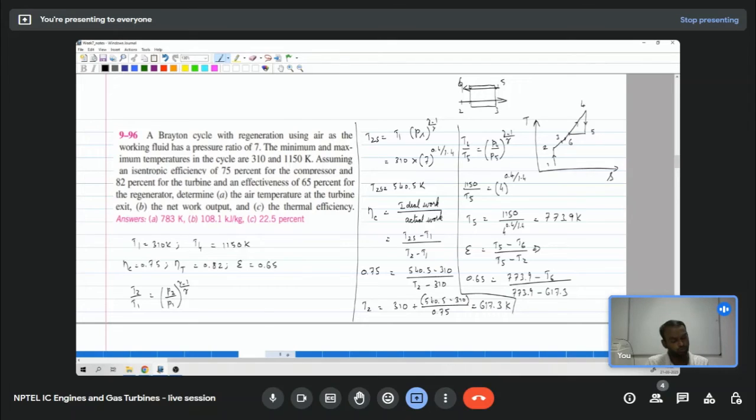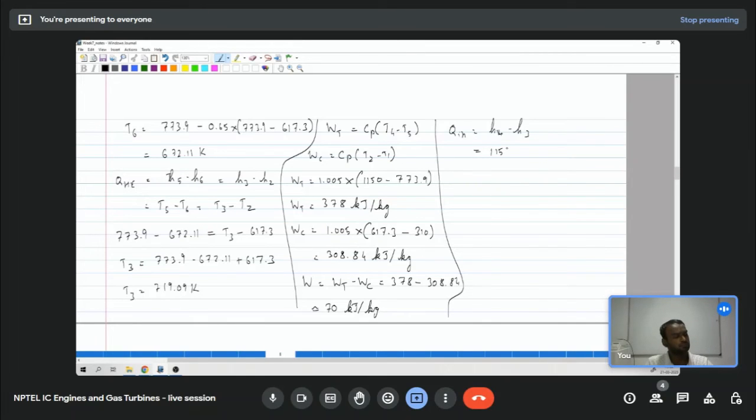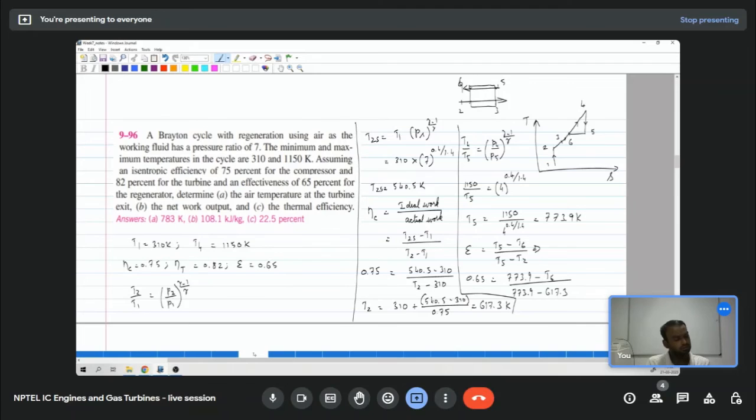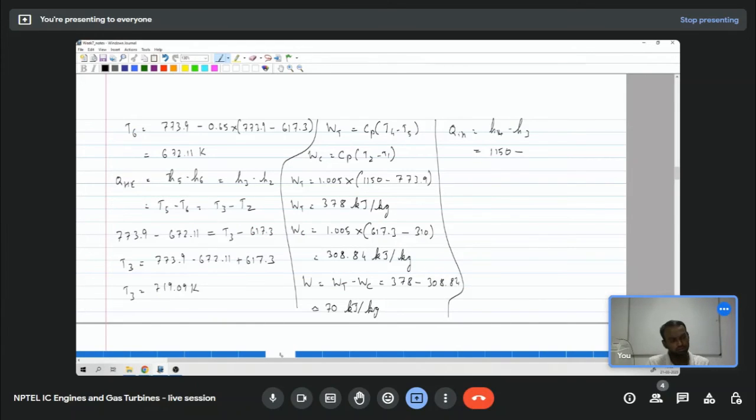We know T4 is 1150 Kelvin, minus T3, which is 719.09, into Cp, 1.005.